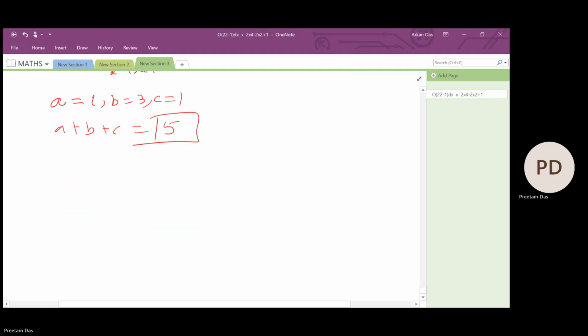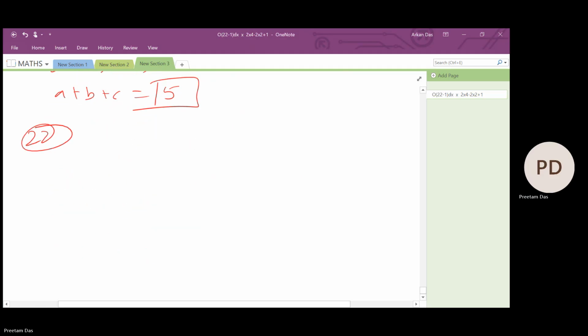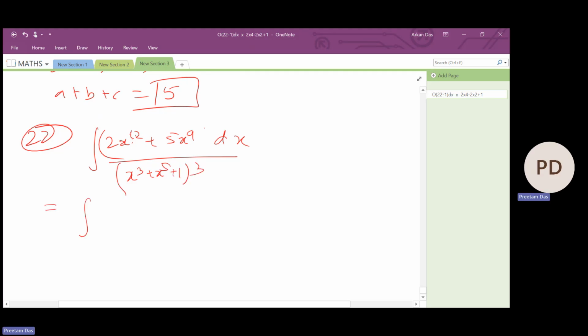Okay. 22. 2x raised to 12. Similar question. Take x raised to 5 common. You will get 2x raised to minus 3 plus 5x raised to minus 6, dx, over x raised to minus 5 times (x raised to minus 2 plus 1) whole square.